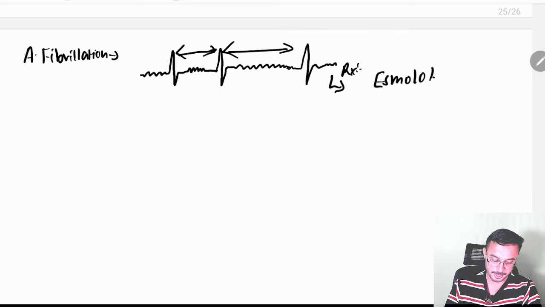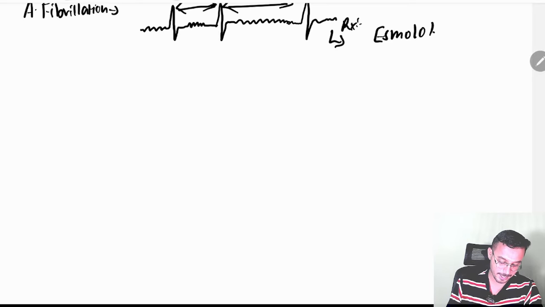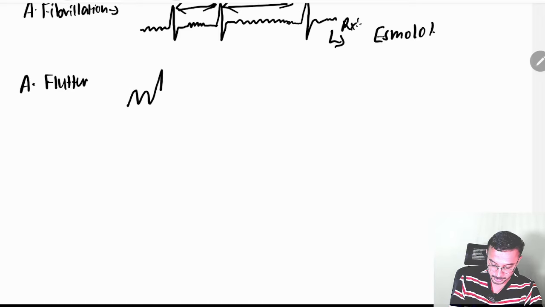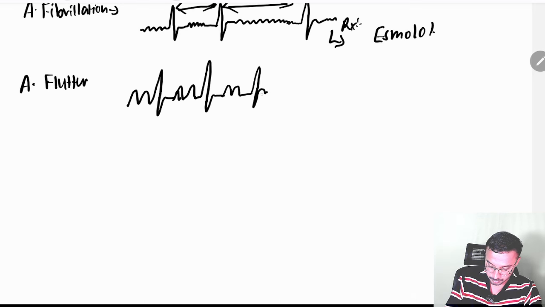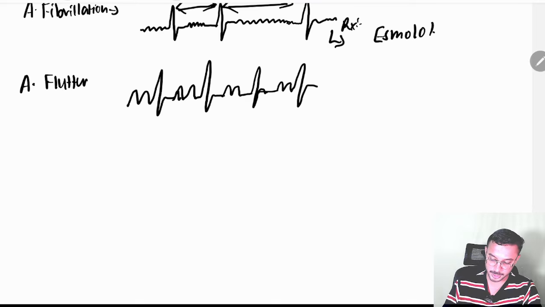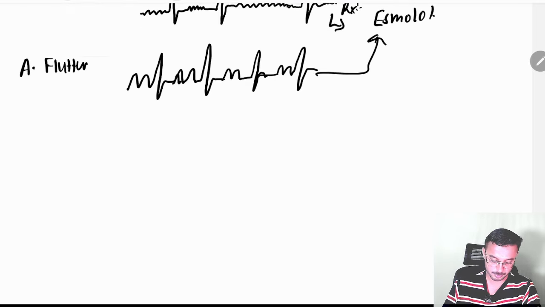Okay, rate and rhythm control I should do. And next is atrial flutter. Atrial flutter is nothing but your sawtooth pattern. So like this. The treatment here is also the same, esmolol.